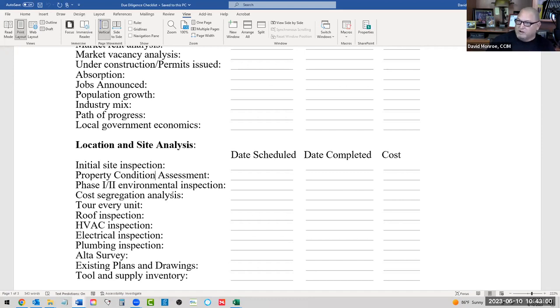They're just told, get a cost seg. How long do you have to operate the property to get the full benefit of the cost segregation analysis? Do you guys know? Anywhere from 5 to 7 years.